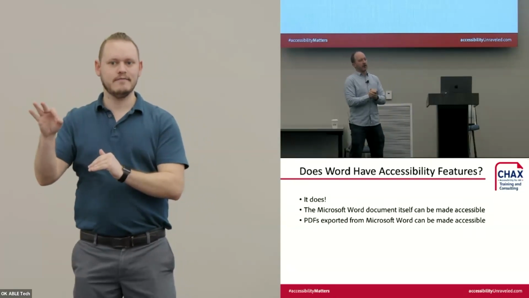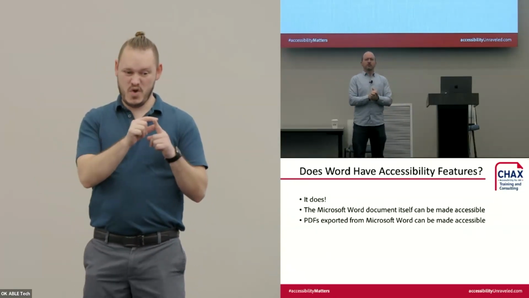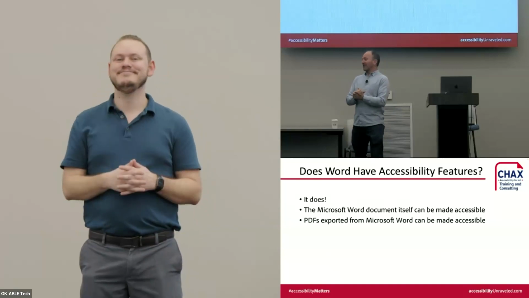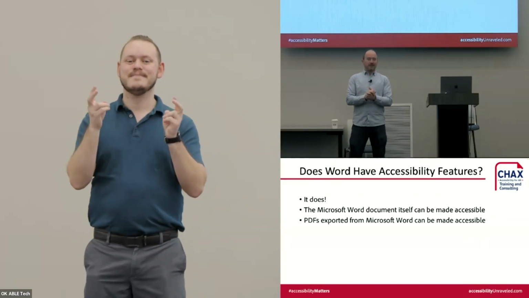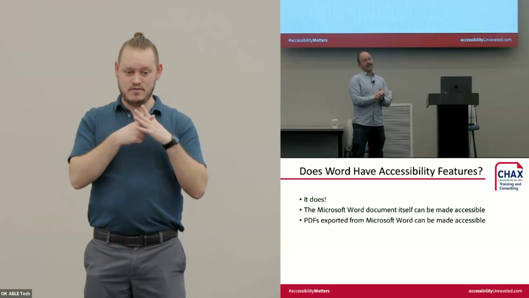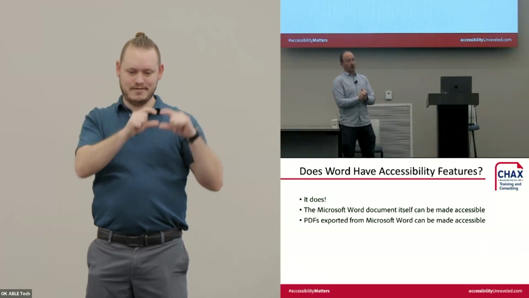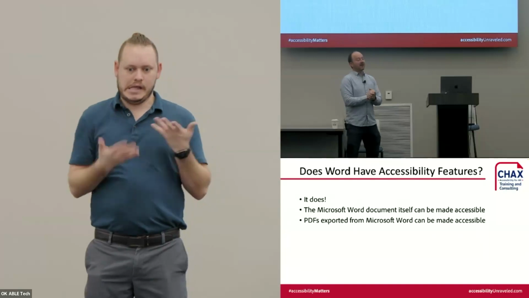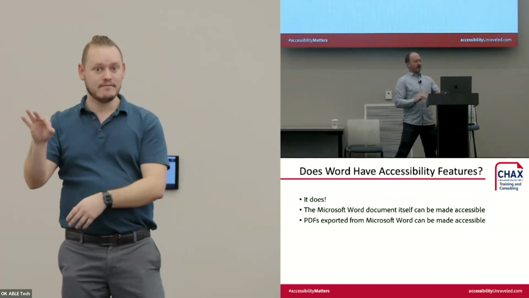Word actually doesn't understand some of its own features. And one example is in the case of tables. If you start merging cells in a table in Word, Word's like, I don't understand this. But in a PDF, I can make it understand it.